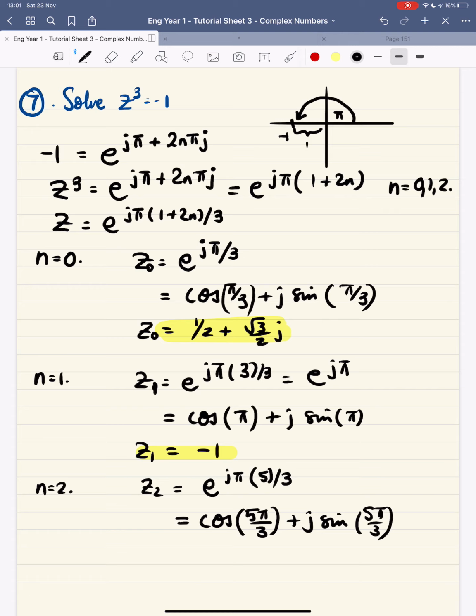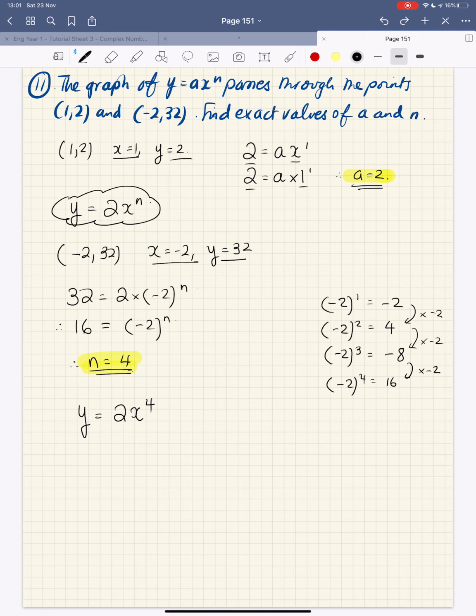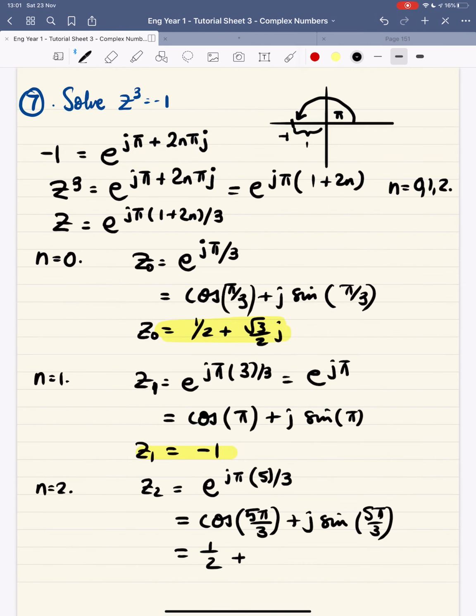Cos 5 pi by 3, calculator, that one is a half. And then sine of the same thing is minus j times root 3 over 2. And there's all 3 roots.